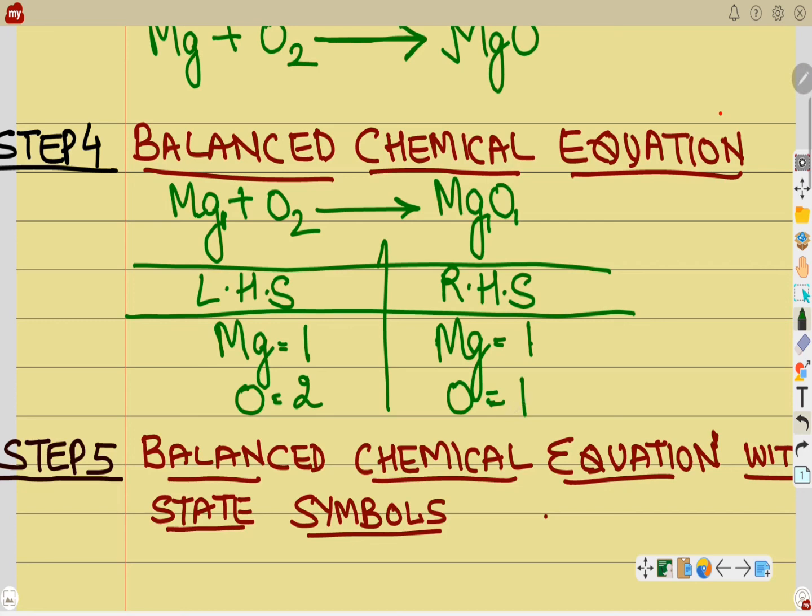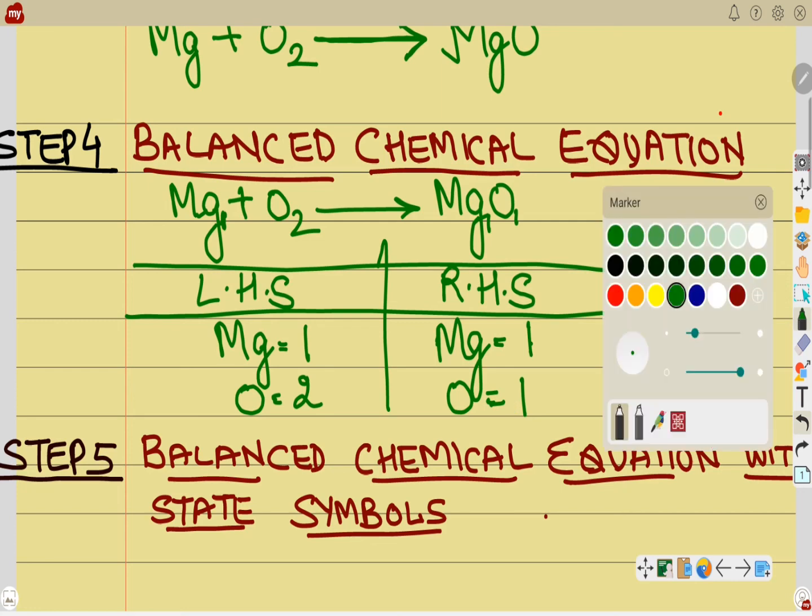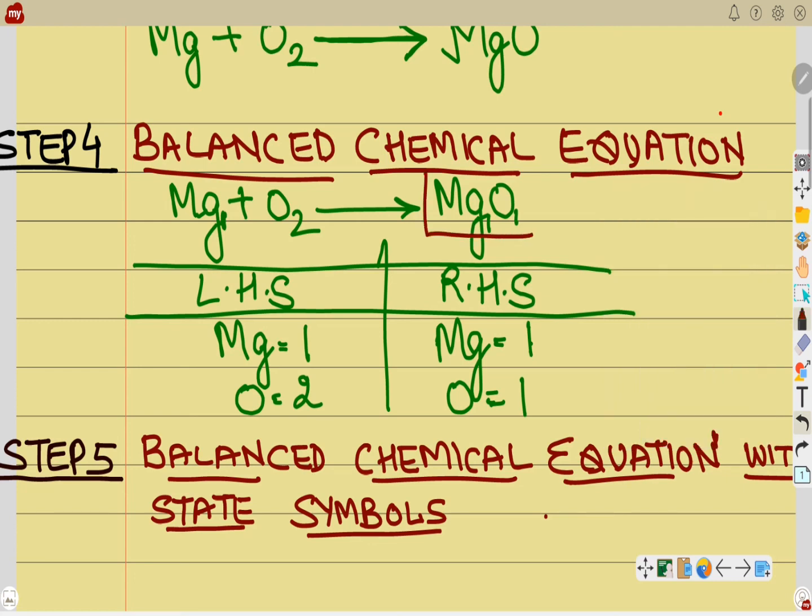So we have to balance this, and you already know the rules. It is better that you put these entities into a box, and remember that you cannot write anything inside it or on the top, because these are compounds.